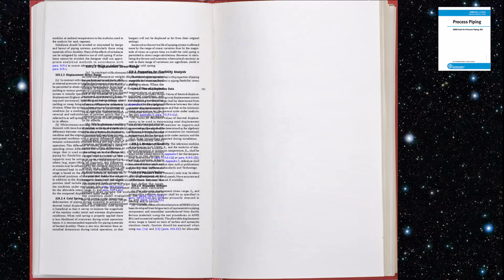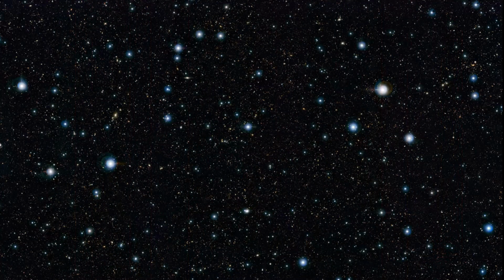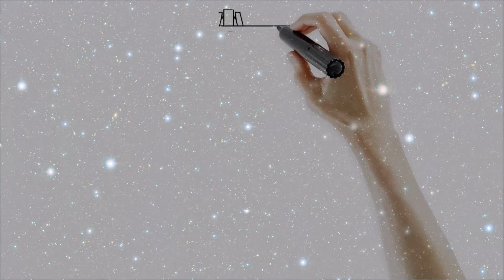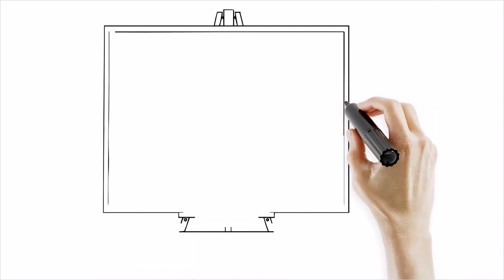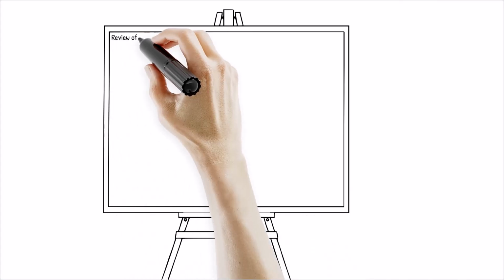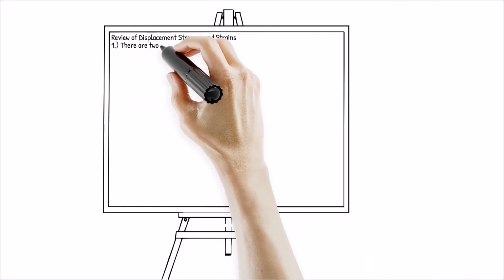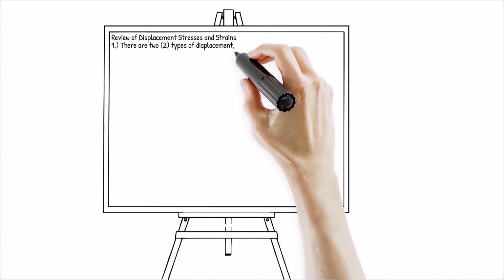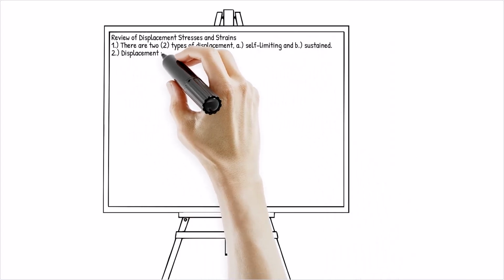Now that we've covered stress-strain displacements, we want to review this portion of the video before we go into determination of displacement stress-strain limits per ASME B31.3. First, we learn that there are two types of displacement: self-limiting and sustained. We also recognize that displacement strains produce displacement stresses.